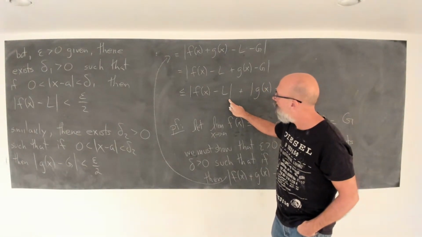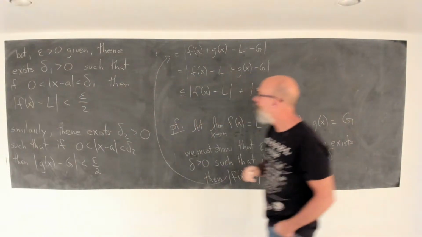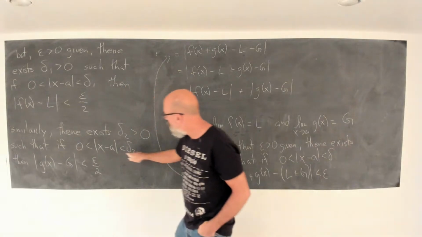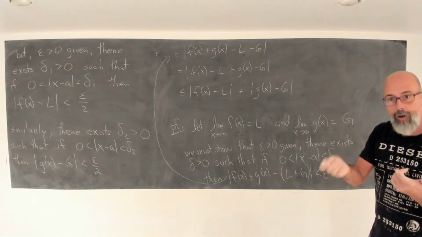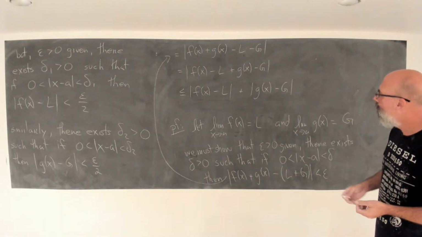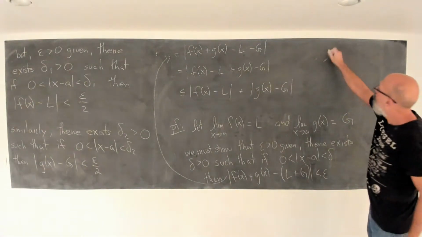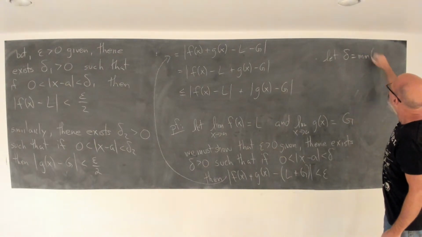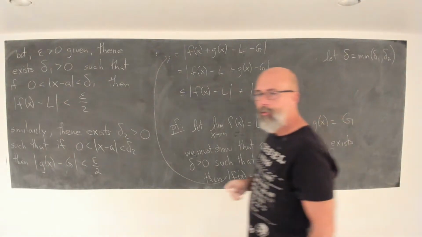This is less than epsilon over 2 if the absolute value of x minus a is less than delta 1. And this is less than epsilon over 2 if the absolute value of x minus a is less than delta 2. So first of all, now you understand why epsilon over 2. We're going to take delta to be the minimum of delta 1 and delta 2.